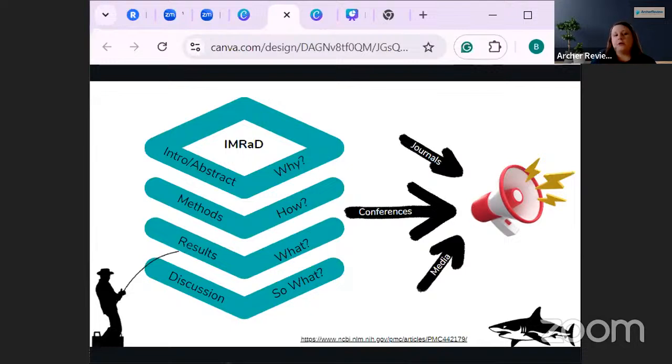So thinking about the why, how, what, and the so what, it goes from general to specific. And if you look up IMRaD, it gives you a wine glass or an hourglass type shape, as it describes in that journal article I've put there for you, talking about how it narrows down and then goes back out to general.